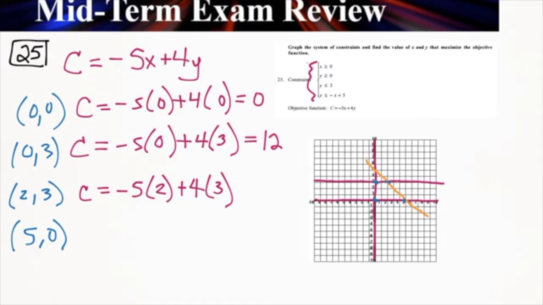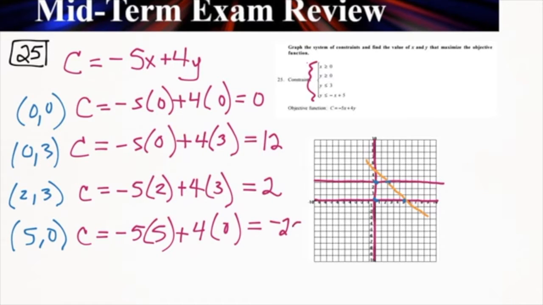Well, that's going to make 12 minus 10, so that's going to be 2. And then c equals -5 times 5. Okay, stop the video if I'm going too fast, because these are really just pretty simple as far as adding them up. Okay, so just check my answers with your answers.